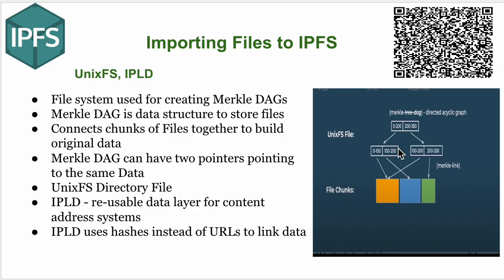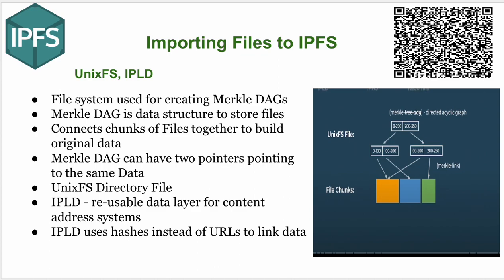A Merkle DAG is a tree where hashes point to data that points to other data using hashes. As you can see, we have Merkle links pointing to data, one data pointing to another data.